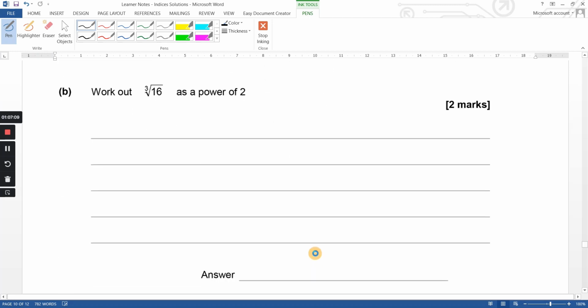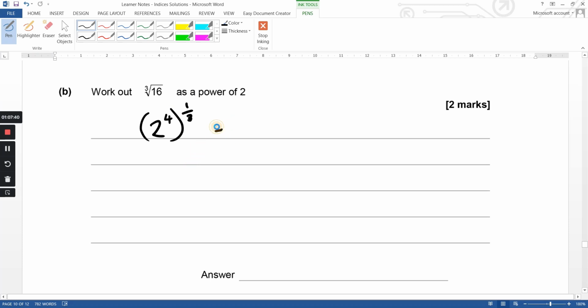Part B, work out cube root of 16 as a power of 2. Okay, well, 16 is the same as 2 to the power 4, isn't it? And I have to do the cube root, which is power third. So that's the same as that.